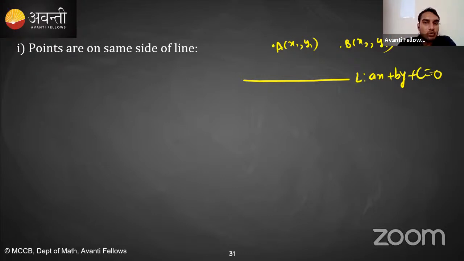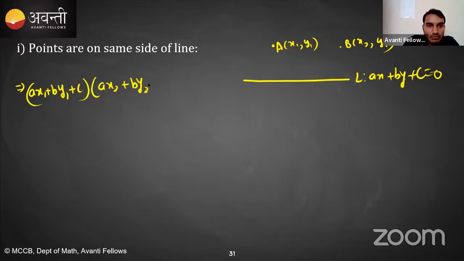Whenever the two points are on the same side of the line, it implies that (ax1 + by1 + c) into (ax2 + by2 + c) will be greater than 0.